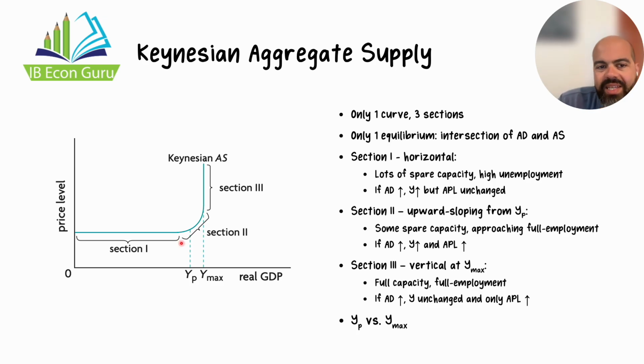They'll say that the potential output is the maximum level of output the economy can produce without there being any inflation. And then there's a range of output between potential output and maximum or full employment output. You don't need to stress too much about this distinction. Now let's move on to inflationary gaps, recessionary gaps, and full employment equilibrium.